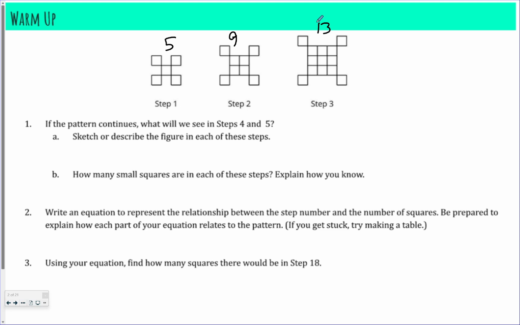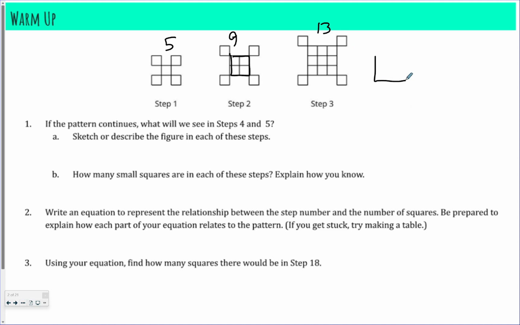But more importantly, look at the shape that's happening here. It looks like we have a single box with 4 corners. We have a 2 by 2 with 4 corners, and a 3 by 3 with 4 corners. So what do you think would happen if we kept going?